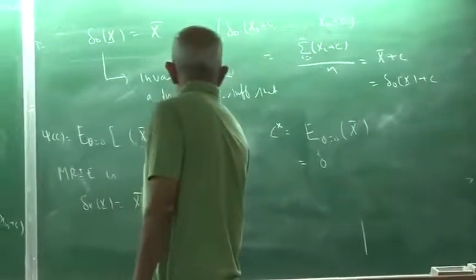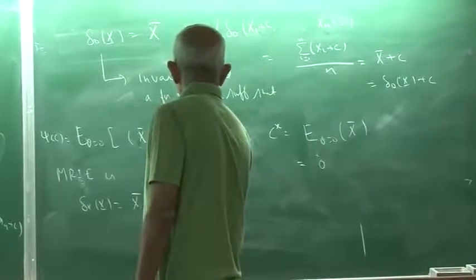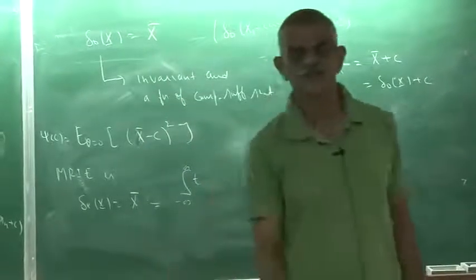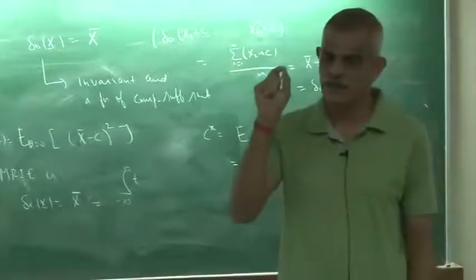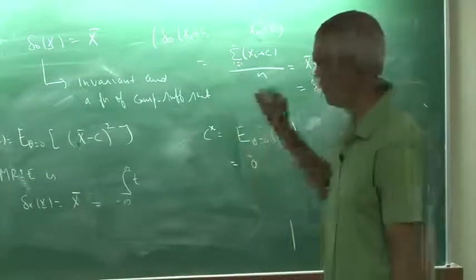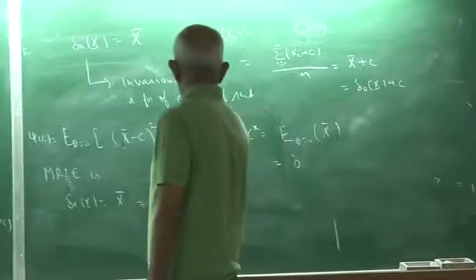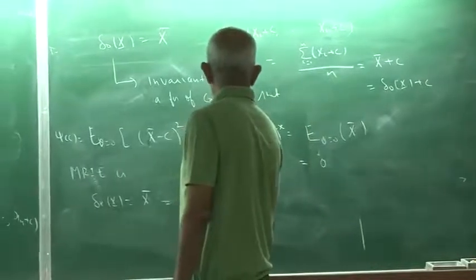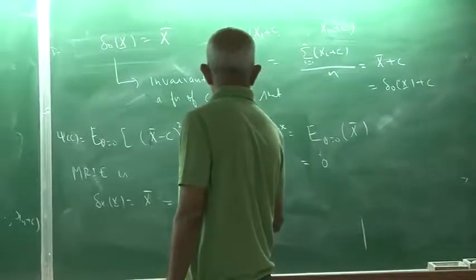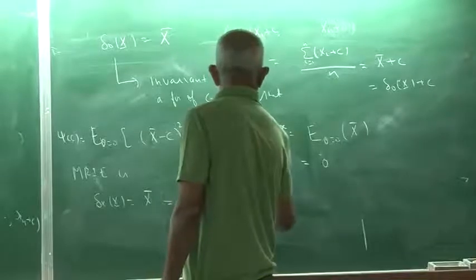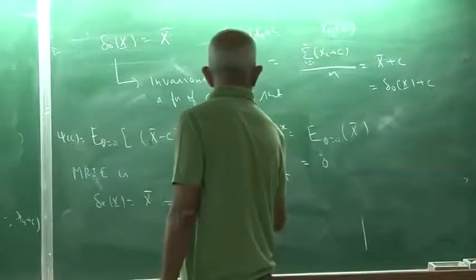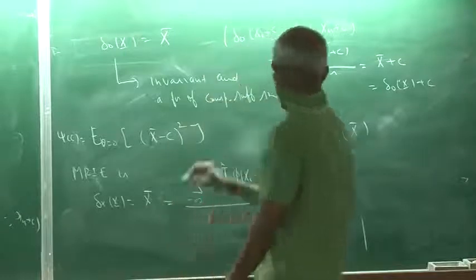This is the same as the integral from minus infinity to infinity of t times the density at the point (x1 minus t, x2 minus t, ..., xn minus t), that is the same as the product, i equals 1 to n, of phi of (xi minus t), dt. This is the formula which we had done.